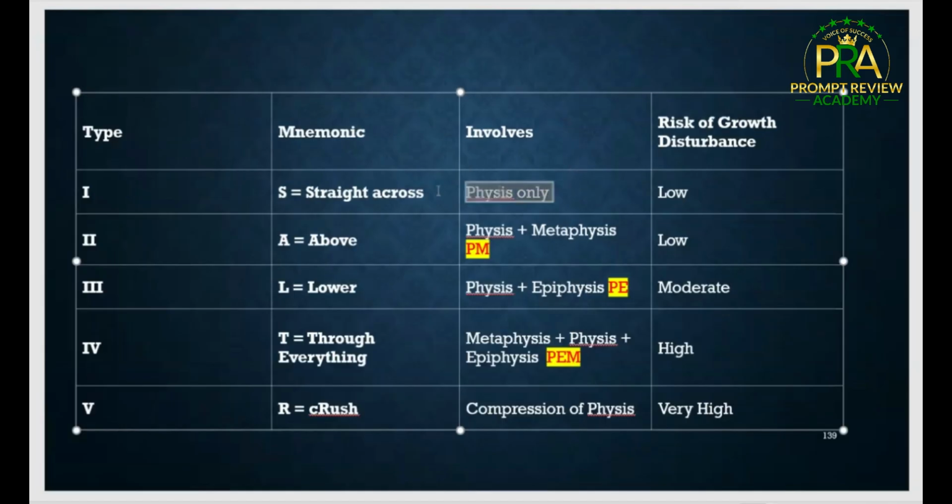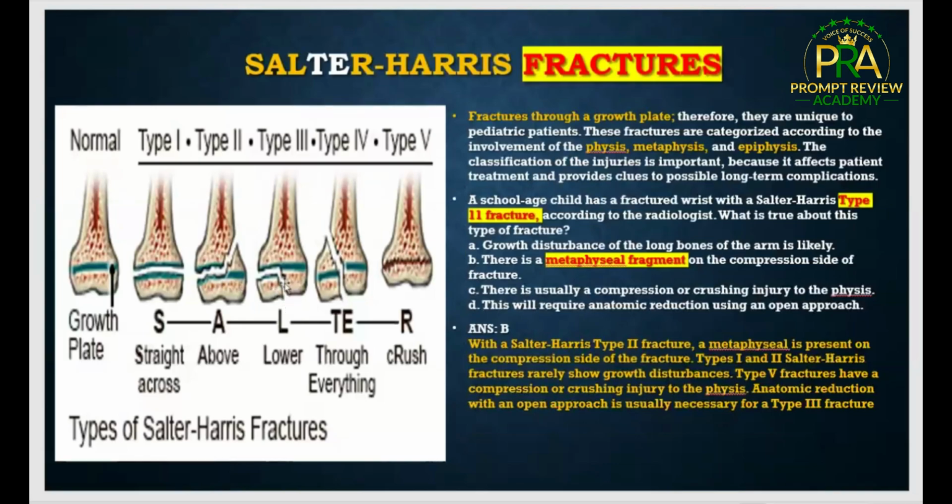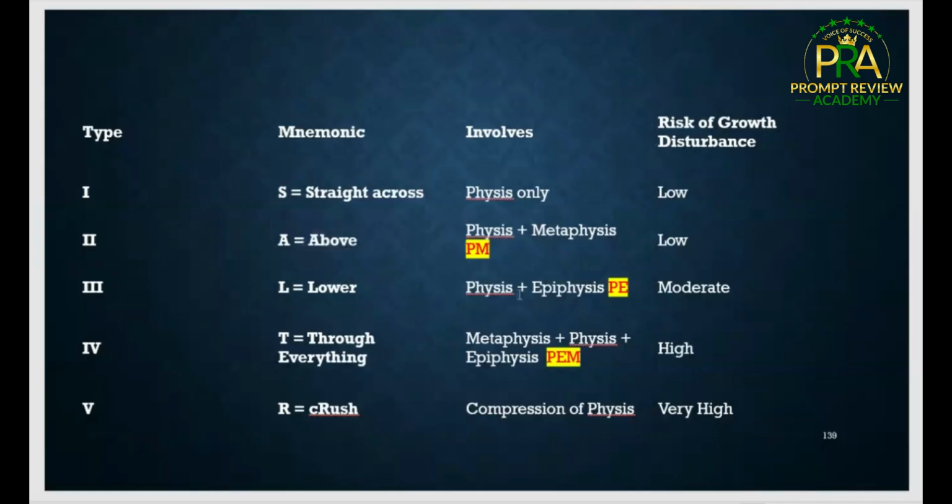If it's type 2, it is above, and what is affected is physis and metaphysis. If it's type 3, the fracture occurred low, you can see it lower here, then that will be at the physis and epiphysis.